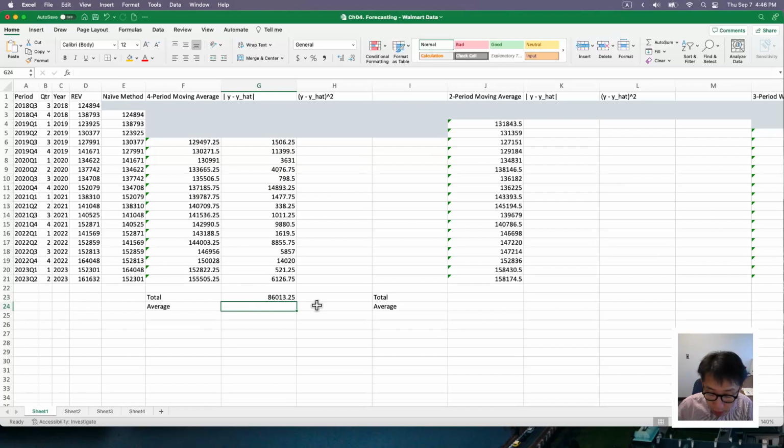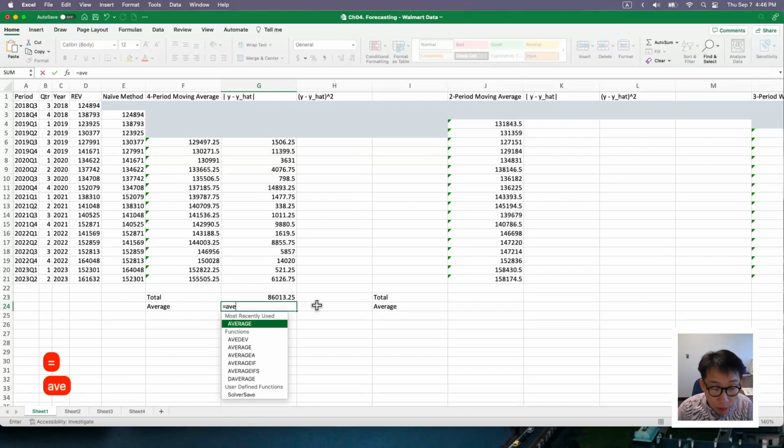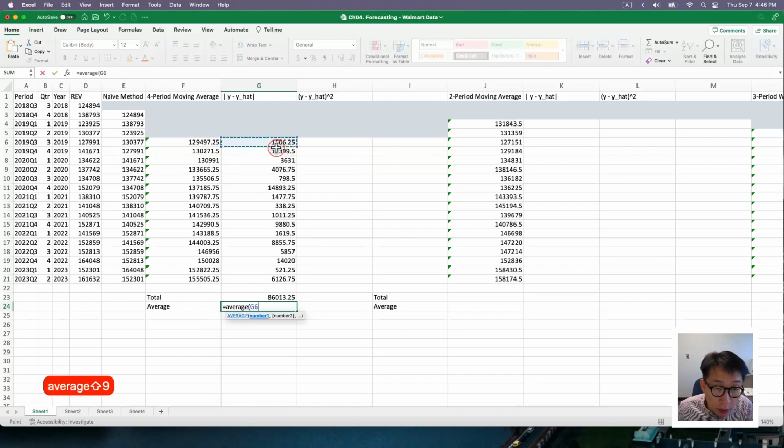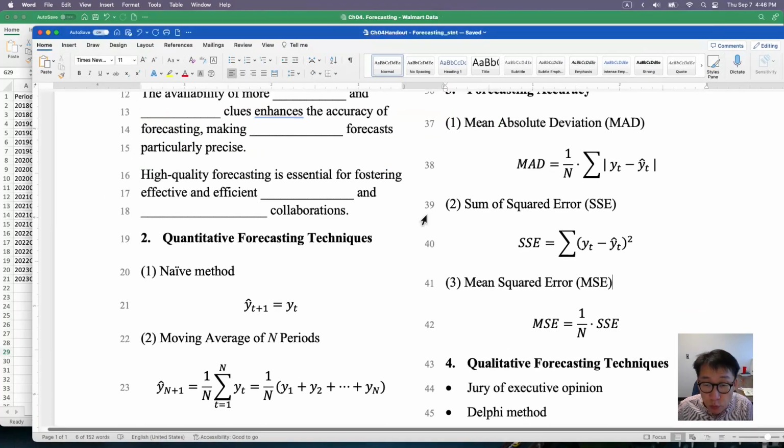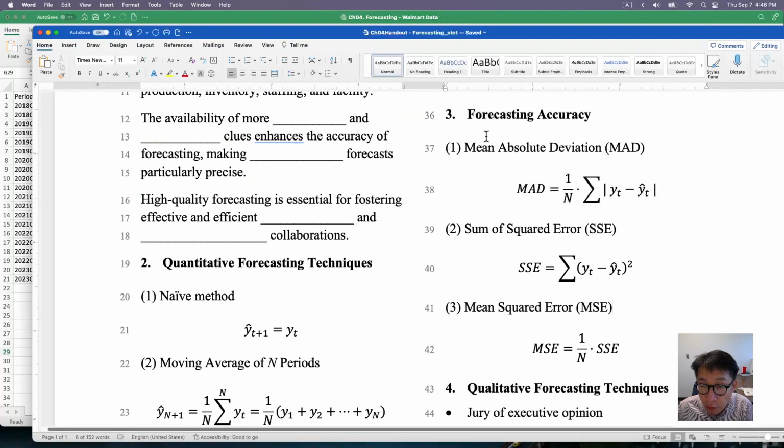But here, we're going to have to do the average. I didn't say this explicitly, but what you're seeing here is the mean absolute deviation. This is one measure of forecasting accuracy.